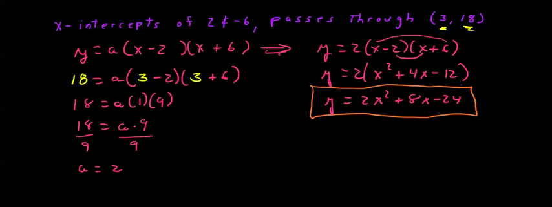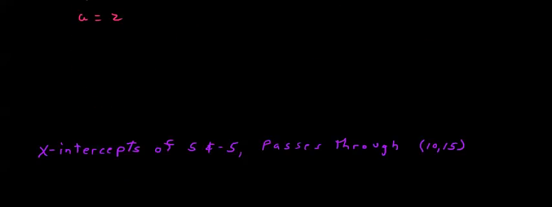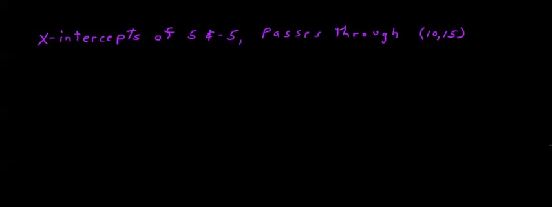And we're done. Now, I have one more example, very similar. I want you to do this on your own, and then I'll write the answer. If you have the answer, don't bother watching the rest of the video.